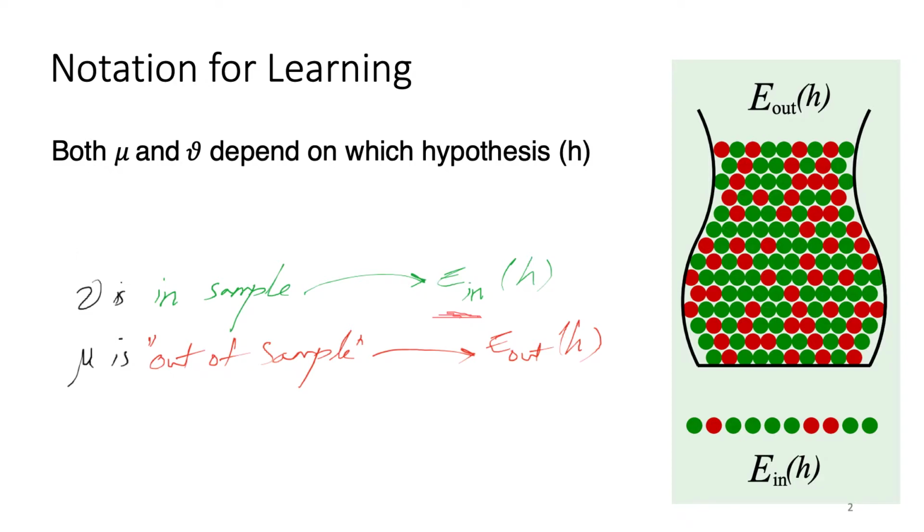But those that we've taken out of the jar, which is why we call it out of sample and have shown in red, we can characterize as E out of H. In this case, we have drawn 10 independent samples. In that 10, we see that there are 3 reds, so 30% red, 70% green. So we were trying to understand the relation between E in and E out.